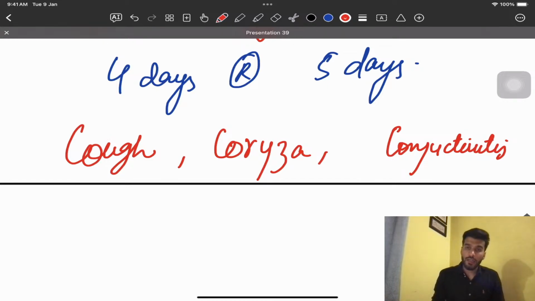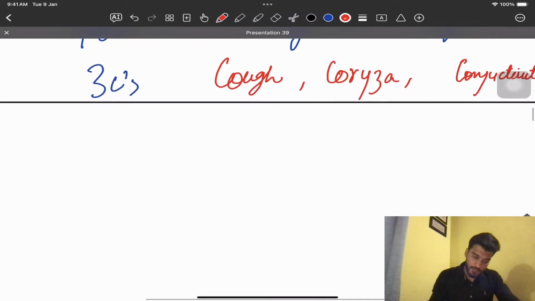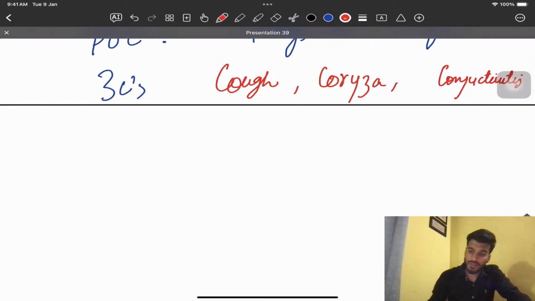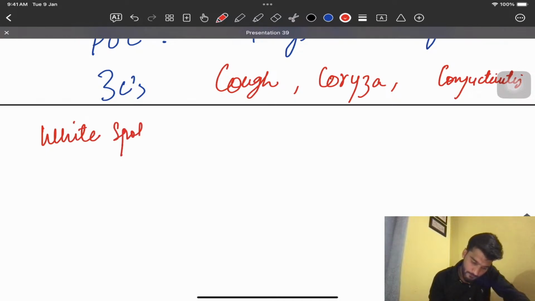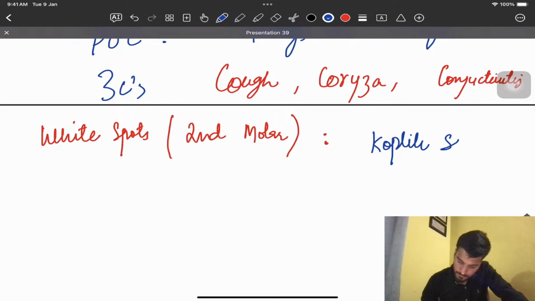And if I talk about the spots, we have white spots opposite to the second molar. And those spots are called Koplik spots.